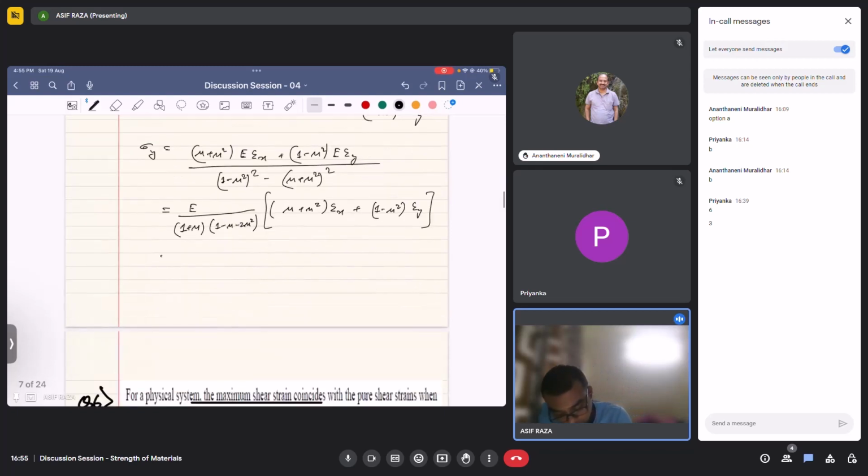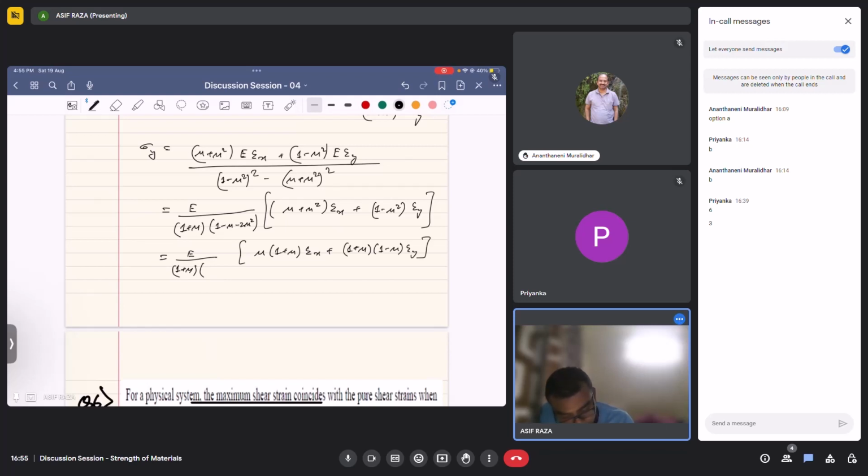Okay, let's resolve it more. 1 plus mu. What can we do with this? 1 minus mu minus 2 mu square. Can we write it? So the first thing here, I can take mu as common, so mu times 1 plus mu epsilon x, and this would be 1 plus mu times 1 minus mu epsilon y.